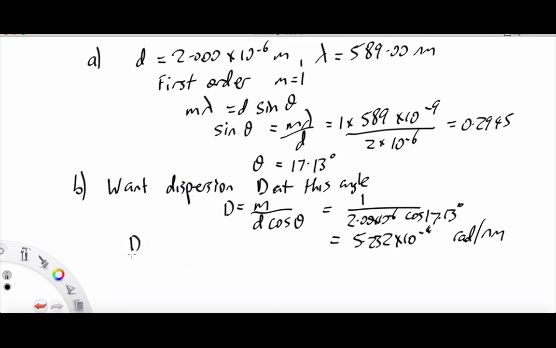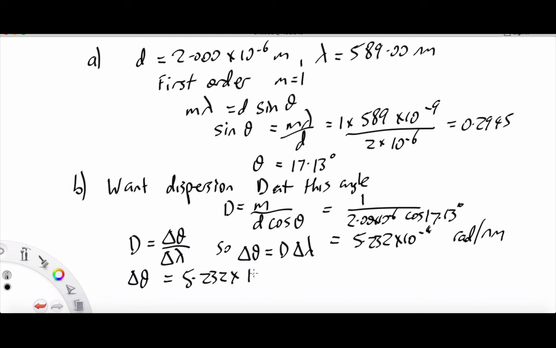Using dispersion, which is delta theta over delta lambda, the spread of angle equals dispersion times the spread in wavelength. So delta theta equals 5.232 by 10 to the minus 4 times the difference between the wavelengths, which is 589.59 minus 589.